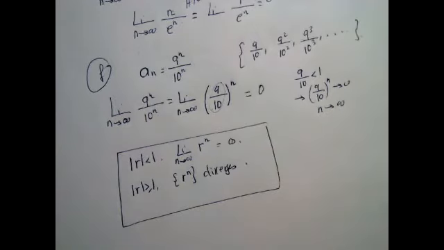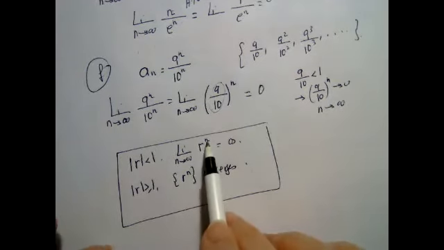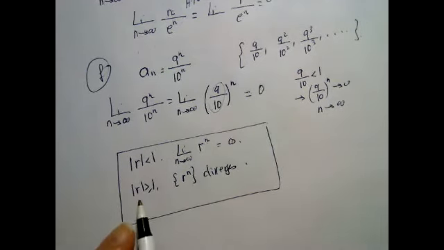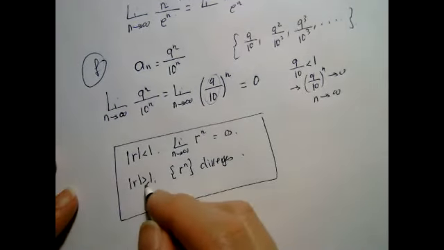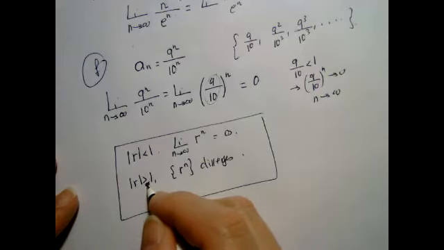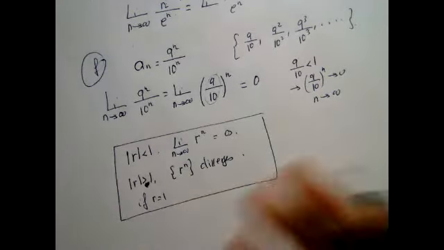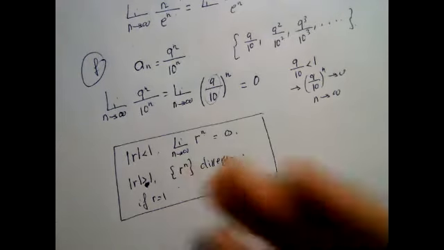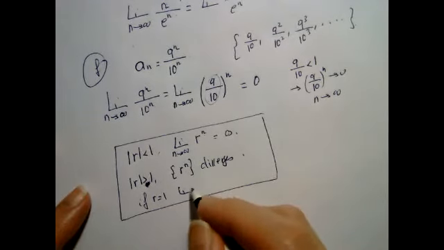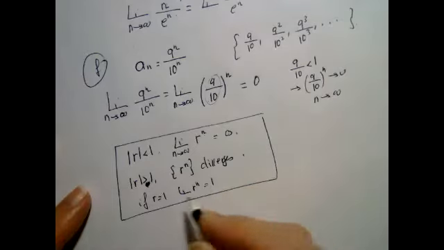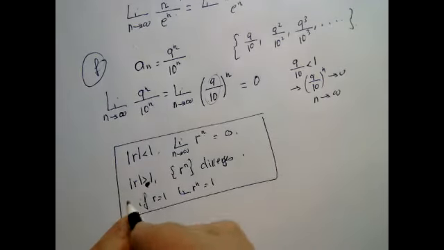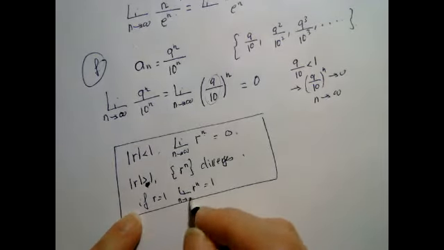We explained it a little bit in class: if it's less than 1, when you raise it to a higher power, the number goes to 0. If bigger than or equal to 1, it diverges. If r equals 1, then you basically have 1, 1, 1, 1, and the limit is equal to 1.